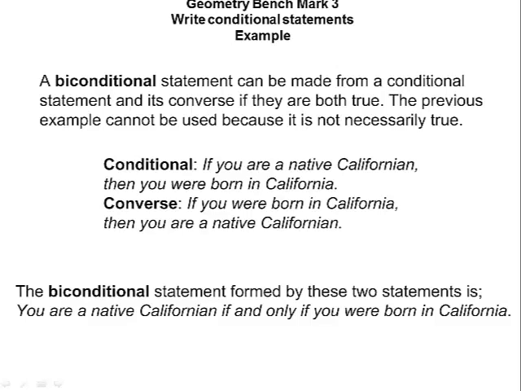So you put them together, you take out the if and the then, and you stick an if and only if in the center. Does that make sense? But again, that can only work if both of those two are true. So the dog example I couldn't use because it wasn't true. Any questions on that?